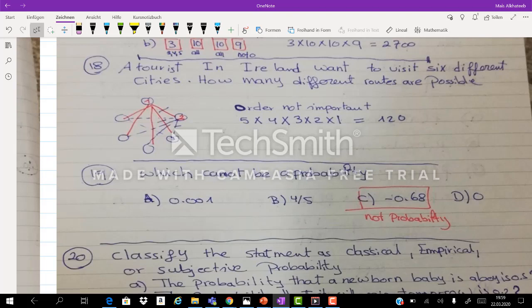The first city, for example, I wrote the number 1 on it. To visit the rest of the cities, I have 5 ways to visit them. So I can visit cities 2, 3, 4, 5, 6 in 5 ways.